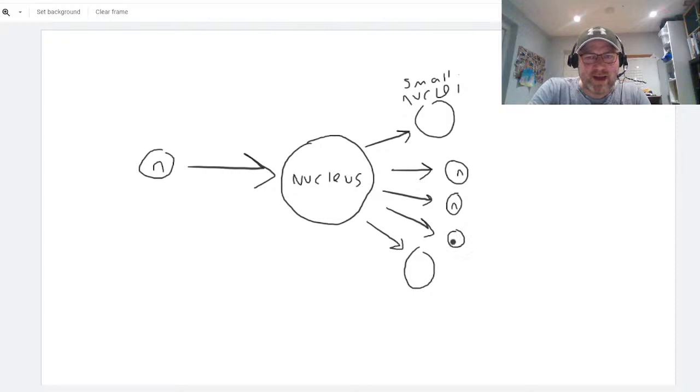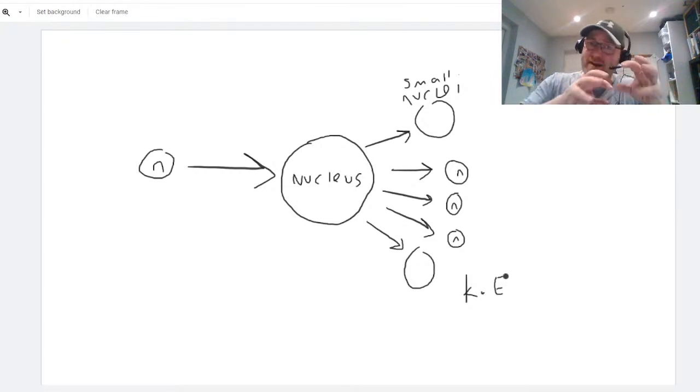And you get kinetic energy. So if you're asked for 3 marks, what is nuclear fission, the answer is it's when a neutron splits a large nucleus into 2 small nuclei, more neutrons, and kinetic energy. The kinetic energy is found inside the neutrons. They're moving. Now, that's nuclear fission.